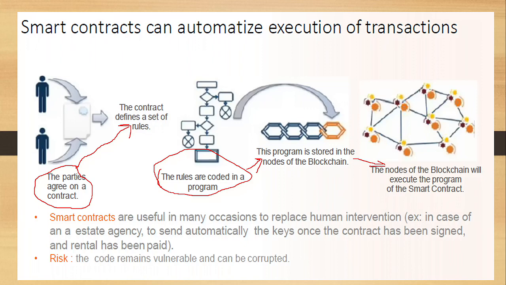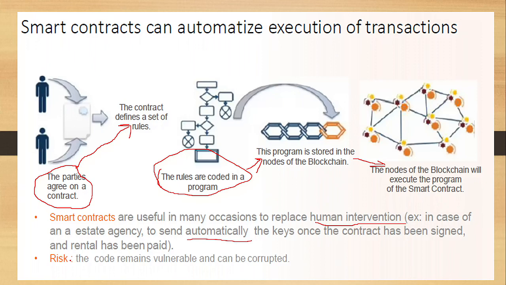So these are the various steps that you're going to look at of how we can create a particular smart contract, right? As I'd mentioned, smart contracts are useful because they replace some kind of human intervention, intermediaries, right? And they allow things to happen automatically.